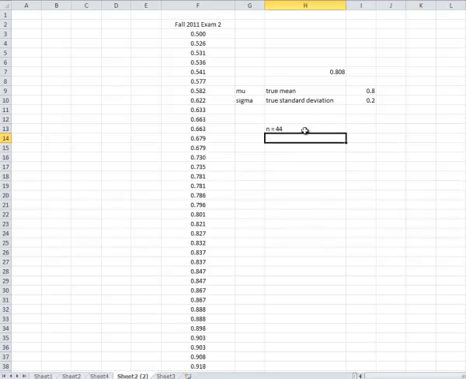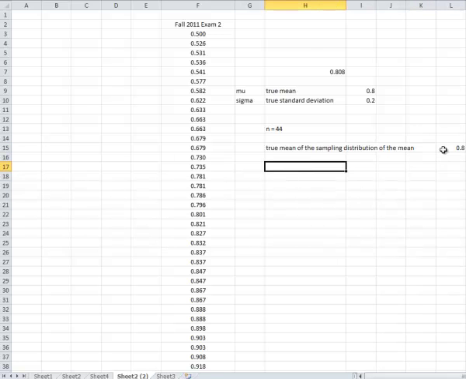Well, if there's no bias for these two parameters that we've listed, the true mean of the sampling distribution of the mean, boy, that's a mouthful, that's going to be still 80% if there's no bias in the way we sample. What about the standard deviation?